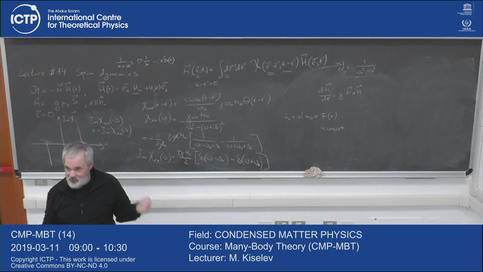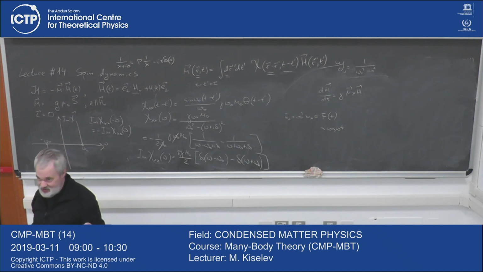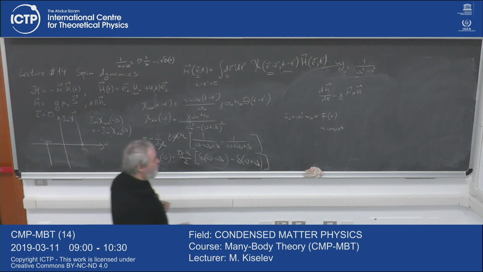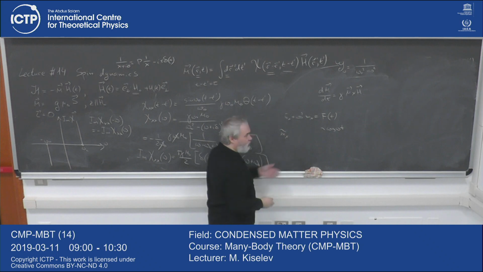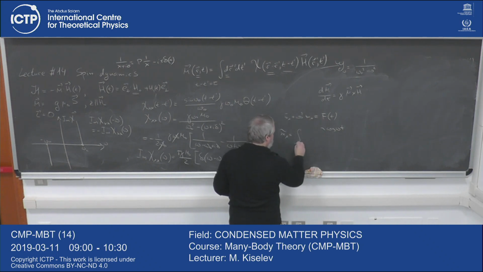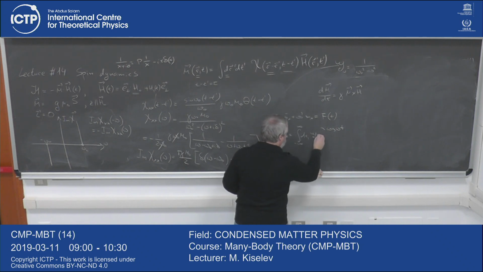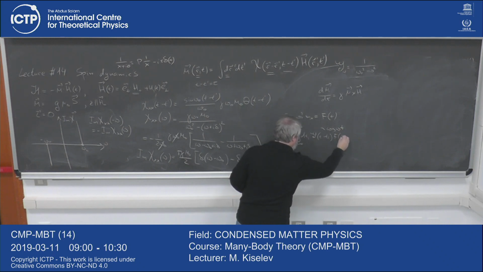What I presented on the blackboard is a very general way to find this solution, namely any particular solution m x tilde for an arbitrary form of function f is written as the integral from minus infinity to infinity dt1 g of t minus t1 times f of t1.